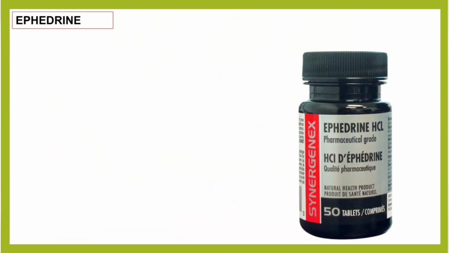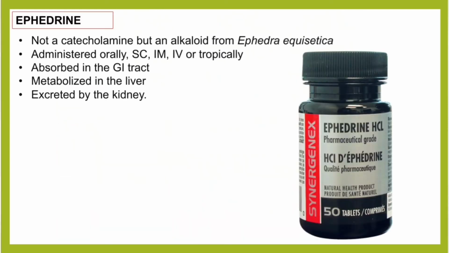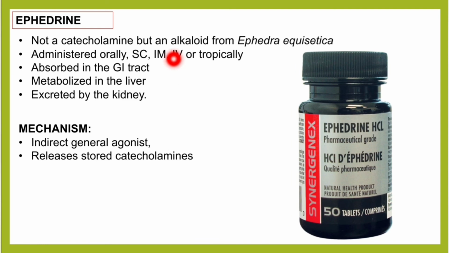Okay, so let's talk about them one by one, starting with ephedrine. Ephedrine is actually not a catecholamine, but an alkaloid from Ephedra equisetina. It's administered orally, subcutaneously, intramuscularly, intravenously, and also topically.